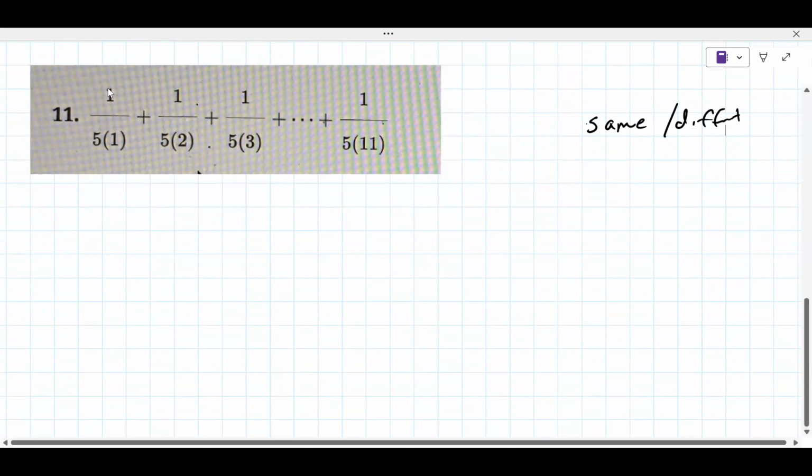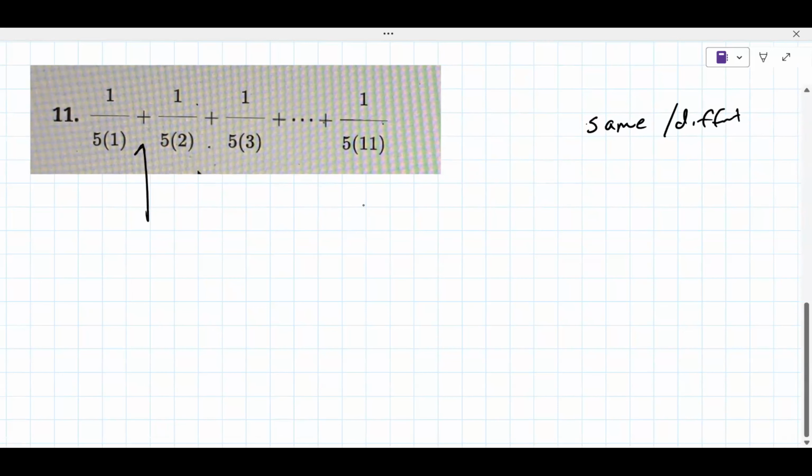All of these have a 1 in the top, all of them have a 5 in the bottom. What's different is it goes up by 1: 2 to 3, and so on. Because it's a plus, that's how you know it's a sigma, the Greek letter sigma. I don't know if you're in a sorority or fraternity, I don't really know where sigma fits in that world.